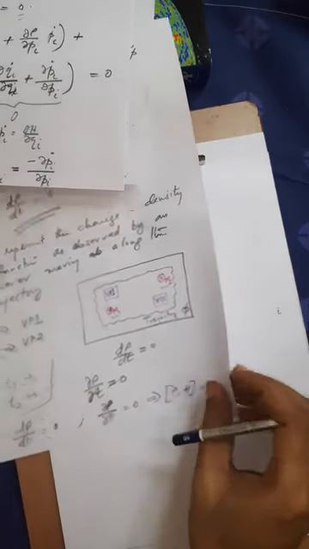Okay, so what does that mean now? The Poisson bracket {ρ, H} is equal to 0 for a system in equilibrium.